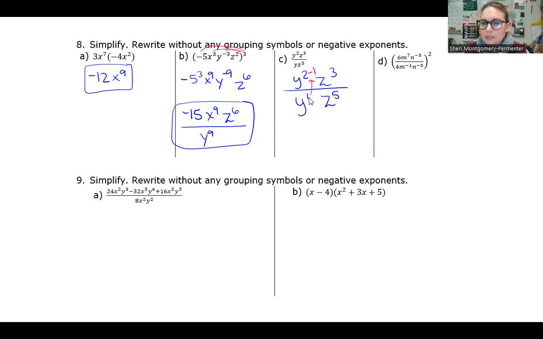For the z's, the z is bigger on the bottom, so I'm going to subtract 3 on the bottom. So the y is going to be up here on top, and the z is going to be down here on the bottom. I end up with y to the 2 minus 1, which is just to the 1st power. And then I get z, 5, 4, 3, 2, to the 2nd power.